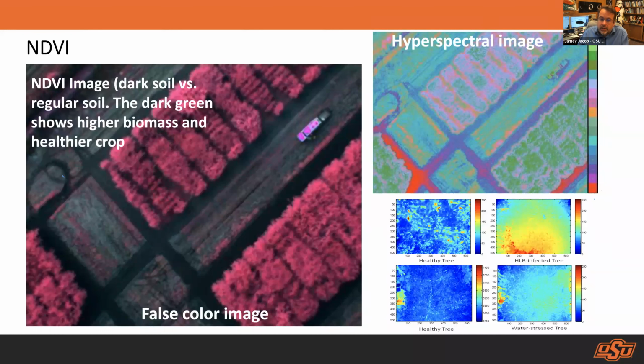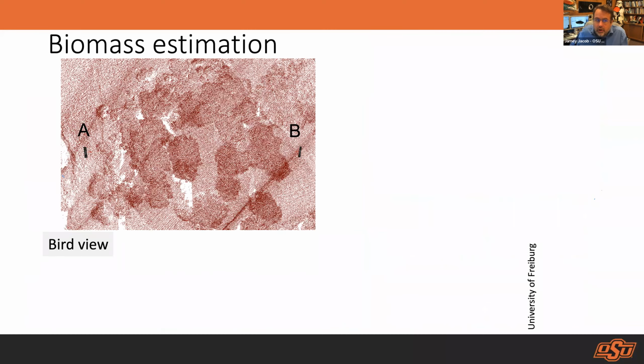And from that, you can back things out, such as overall plant health using this information. There are other systems you can use as well, such as LiDAR, photogrammetry. Those are systems we're not really going to go into today.